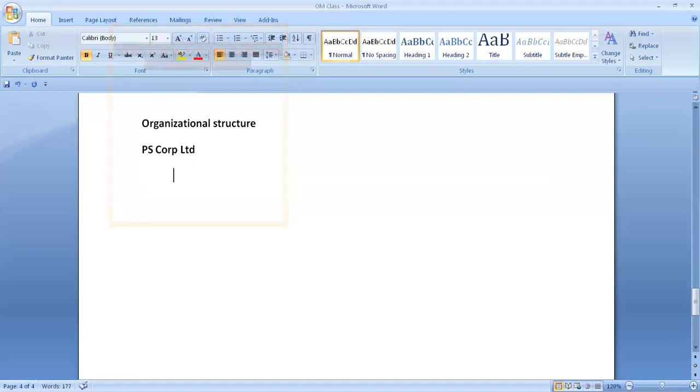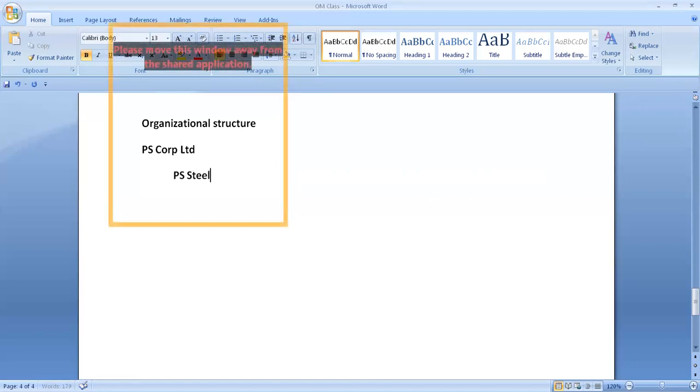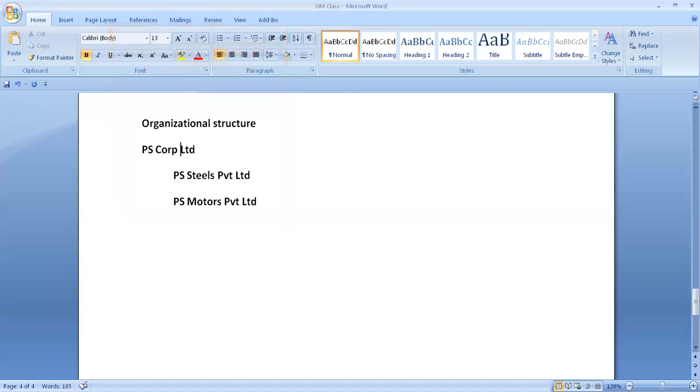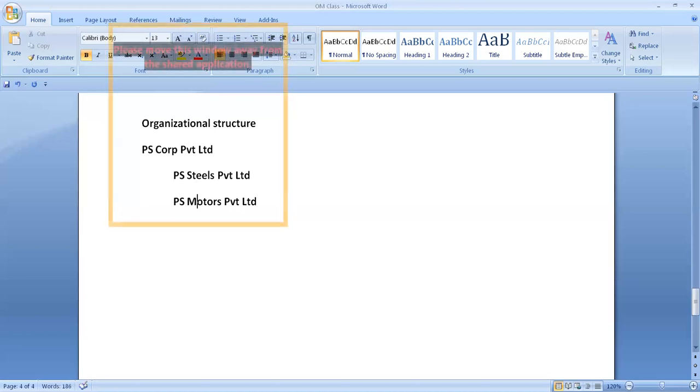Under this PS Corporation Limited, you have, for example, PS Steels, and you have PS Motors Limited. All these are private limited companies. So essentially, this is a type of organizational structure that we are discussing. This is an example: PS Corporation Limited.